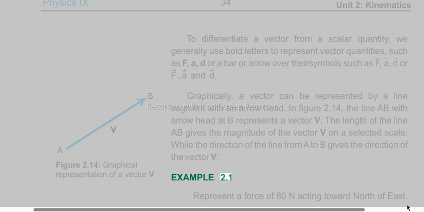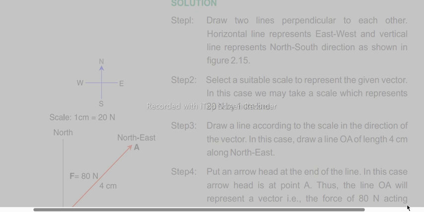Example 2.1. Represent a force of 80 N acting toward north of east. Solution. Step 1. Draw two lines perpendicular to each other. Horizontal line represents east-west and vertical line represents north-south direction, as shown in Figure 2.15. Step 2. Select a suitable scale to represent the given vector.